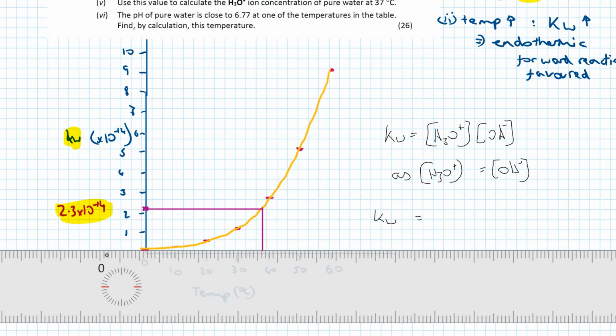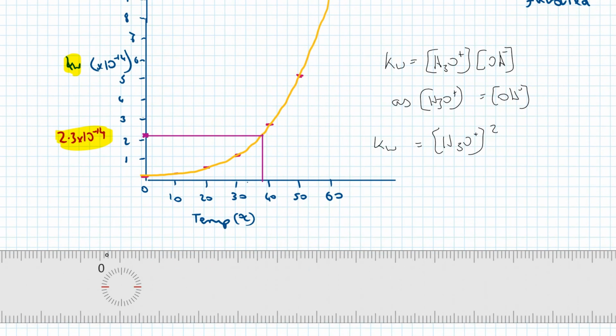So Kw is equal to H3O plus squared. So H3O plus is equal to the square root of Kw, which is 2.3 by 10 to the minus 14, which gives me a result of 1.51657, so 1.52 by 10 to the minus 7. So that's the value of H3O plus there.